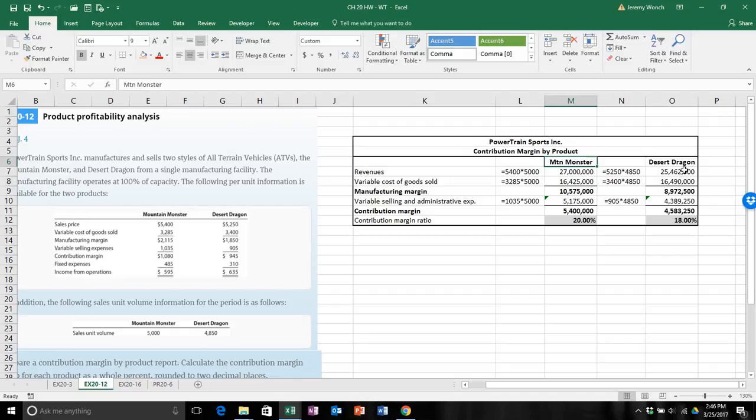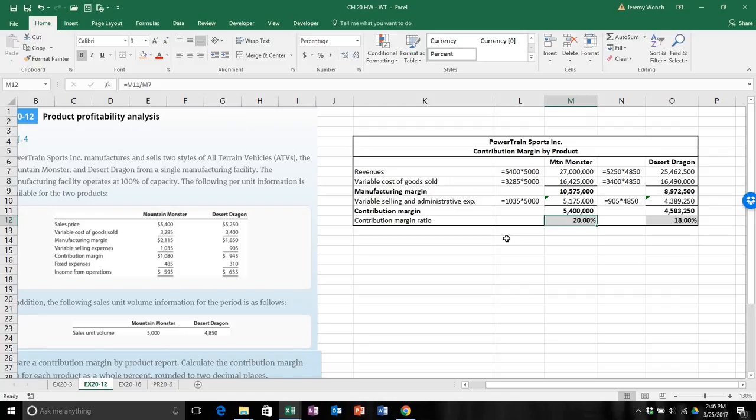Do the exact same thing with the Dragon. We have units sold of 4,850. Multiply that times the variable cost components. That gets us down to our contribution margin. And if we take our contribution margin and divide it by our sales, we get our contribution margin percentage.